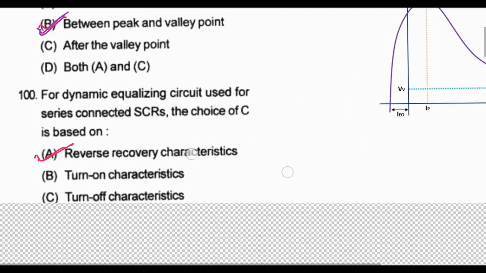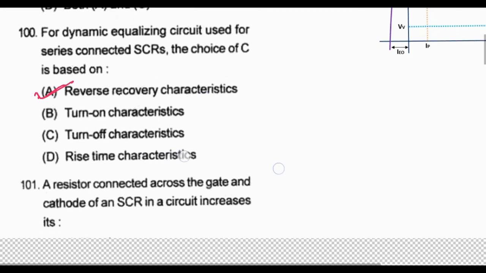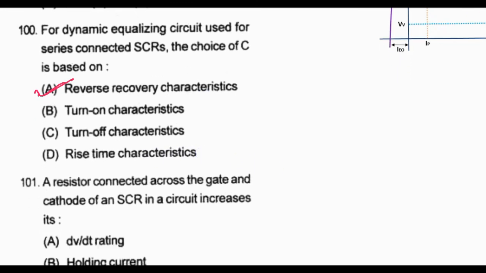Question number 100, and this is the last question of this session. For dynamic equalizing circuit used for series connected SCRs, the choice of C is based on option A, reverse recovery characteristic, option B, turn off characteristic, option C, turn on characteristic, and option D, rise time characteristic.